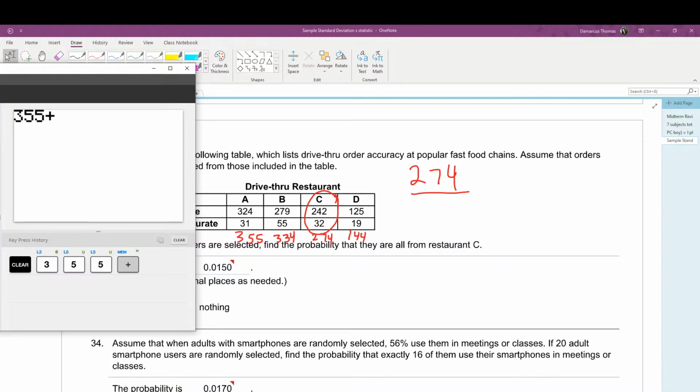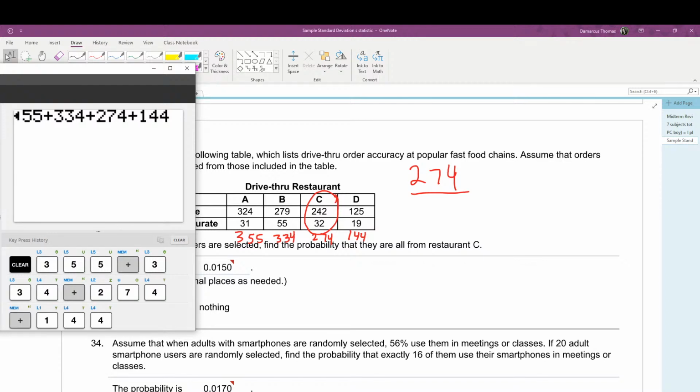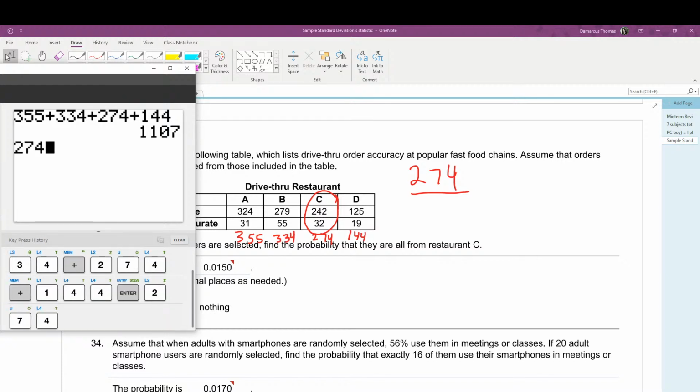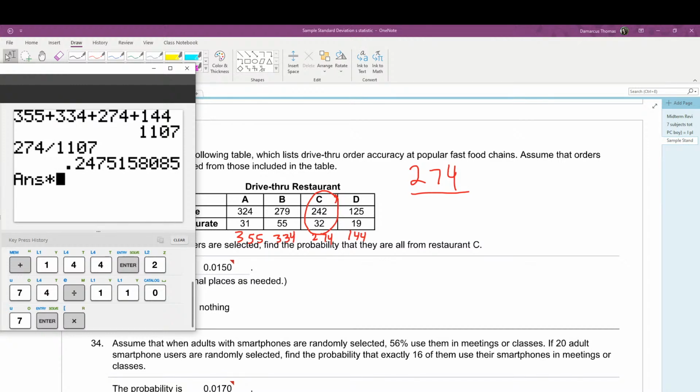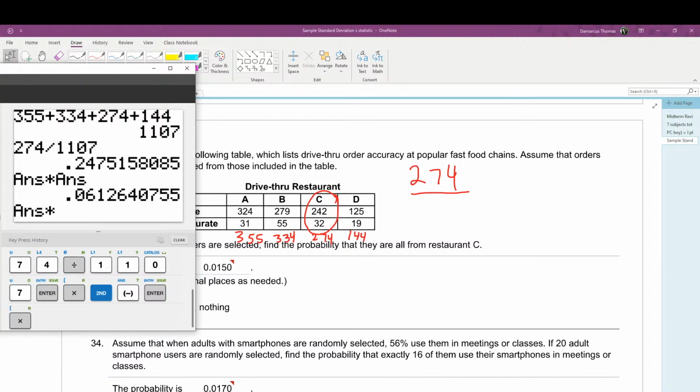So 355 and then 234. No, wait, hold on. Yeah, that's 334 plus 274 plus 144. And now we're going to do 274 divided by 1107. That's the probability that the first one was from restaurant C. We're going to multiply it by itself again. And we're going to multiply it by itself one more time.